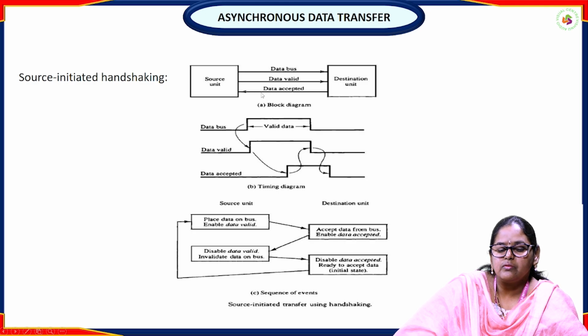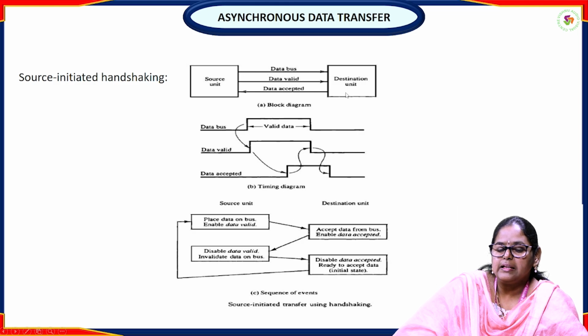After the source receives the data accepted line enabled by the destination, the source will invalidate the data valid line, that is, disable the data valid line. After that, it will invalidate the data which is placed over the data bus.